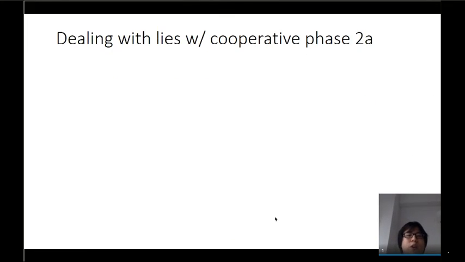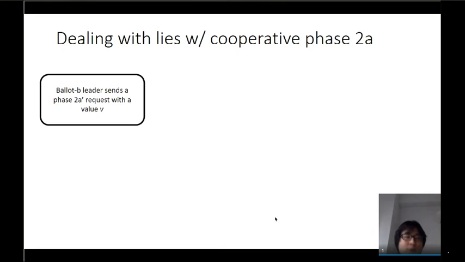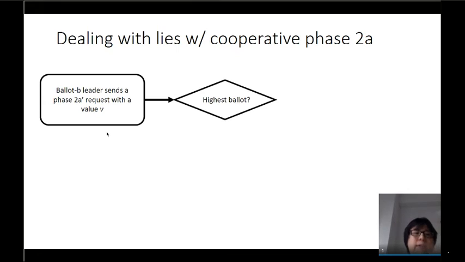Okay. So the way to deal with the lie in phase 2A is to have the acceptors work cooperatively, so you can actually deduce the correct phase 2A message. Let's say the leader acceptor for that ballot sends a phase 2A prime request with a value V, the value it is trying to have everybody vote for.